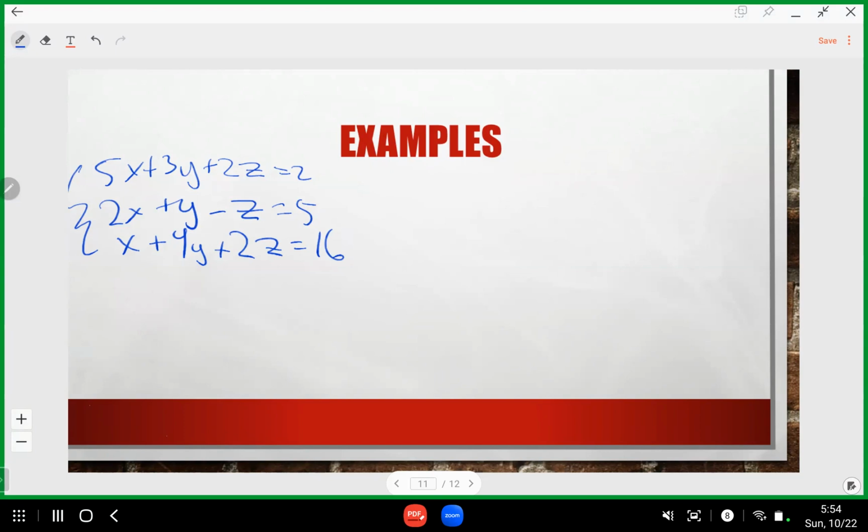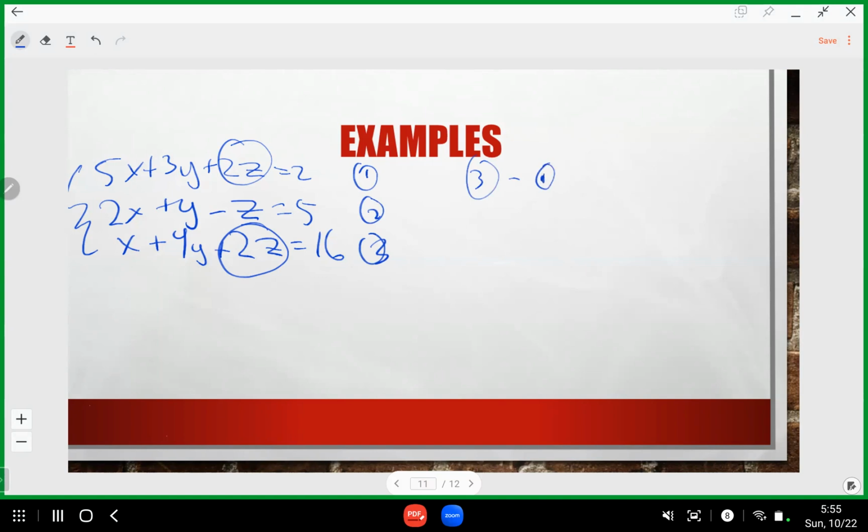Well, as you can see, we already have two z's here, and that's very nice, because what we can do is we can take equation 3 and minus equation 1. Right?